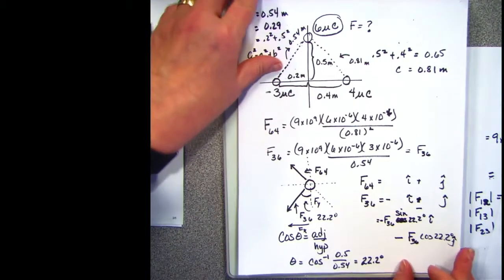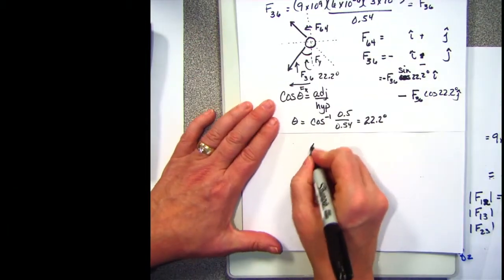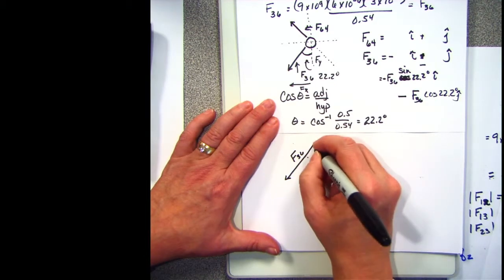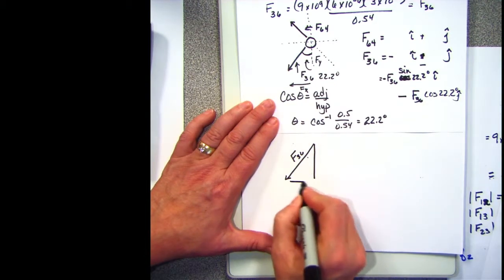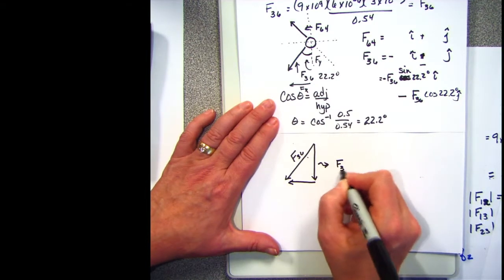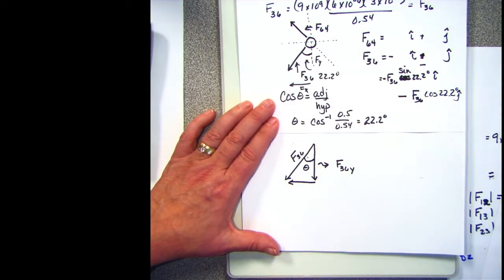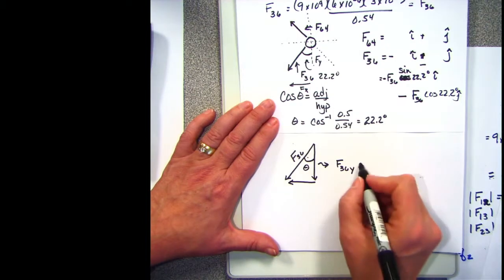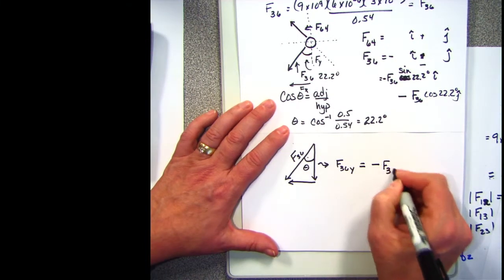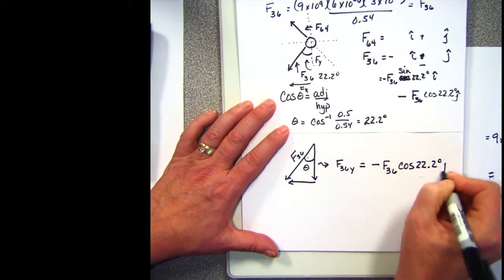Just to remind you so that you guys aren't too terribly confused, although you probably are. Here's my vector. This is vector 3,6. This is vector 3,6 in the y direction. That's the angle that I have. That's why I'm going to get a negative F36 cosine of the angle in the j direction.